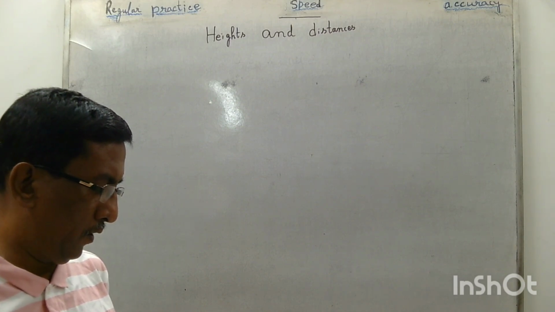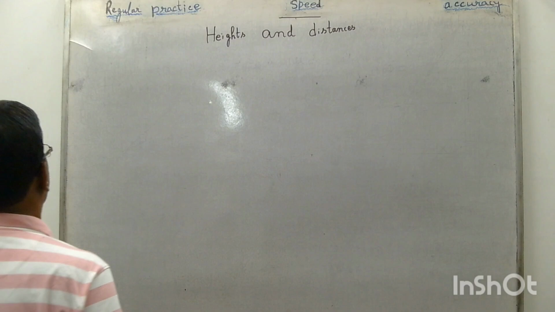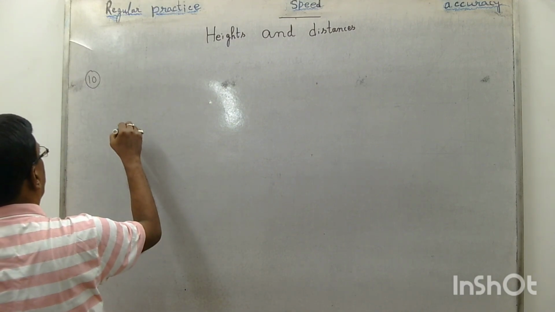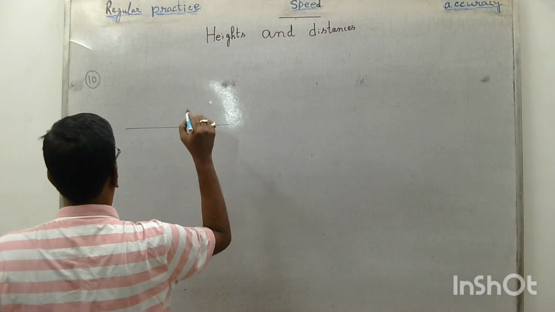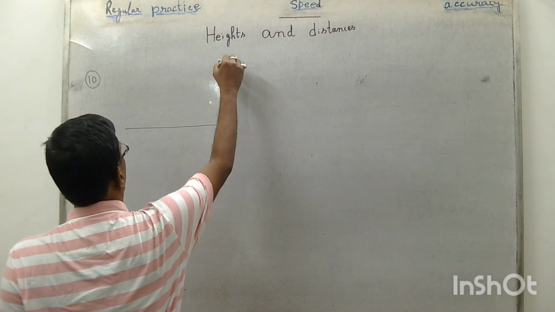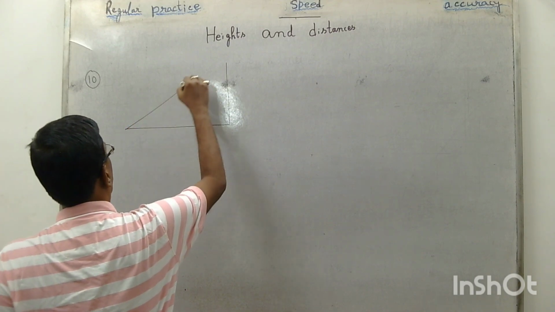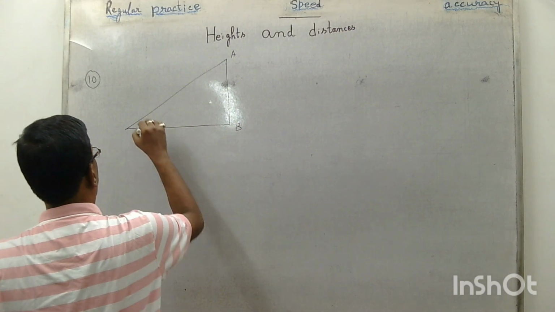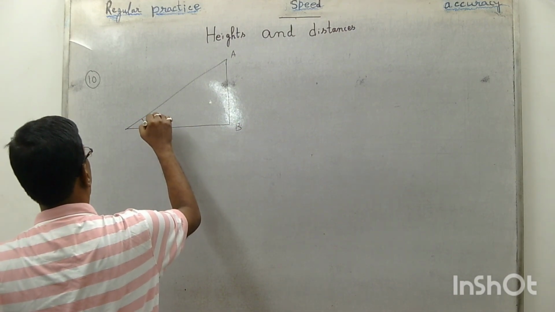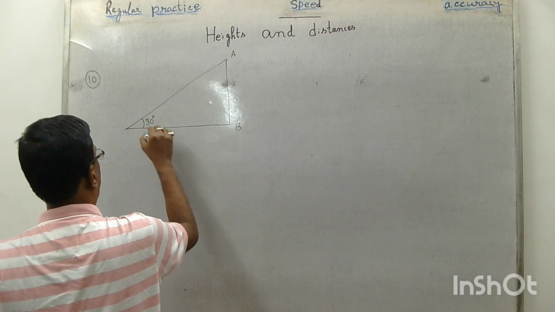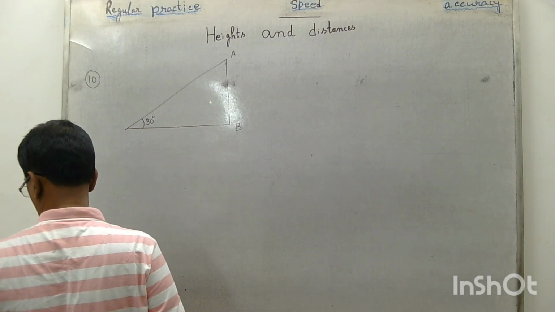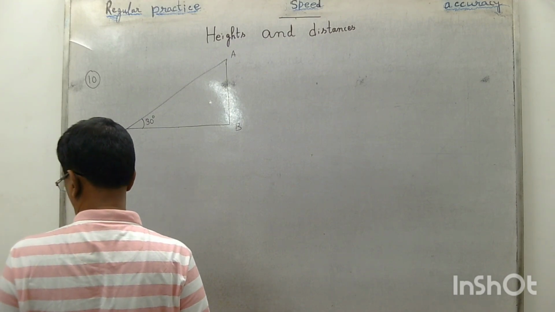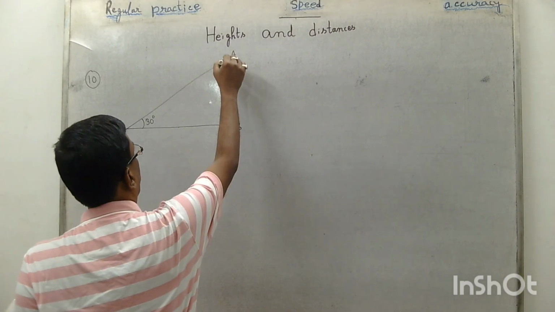He walked 50 meter towards the foot of the tower along level ground and found the angle of elevation of the top of the tower as 60.